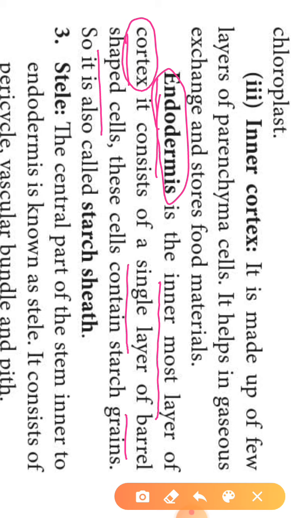Already we learnt. Therefore, these barrel-shaped cells contain starch grains, that is food grains. So the endodermis is also called starch sheath.